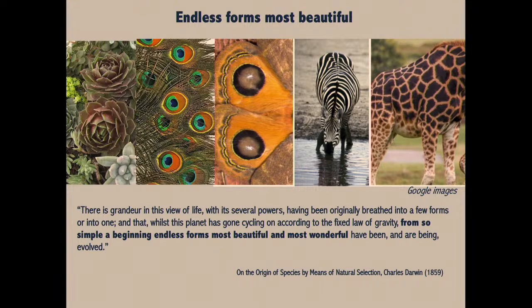And one of the things that Darwin did himself say is that most of these complex and beautiful patterns actually arise from a very simple beginning. And so it's really not so much about how you built diversity in an evolutionary or organismal context, as much as how do you create the multitude of patterns that you see in living organisms.